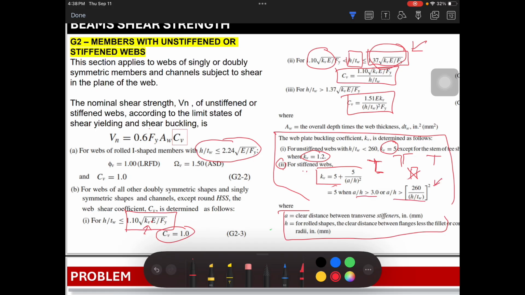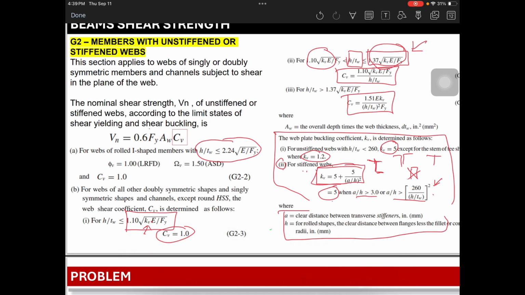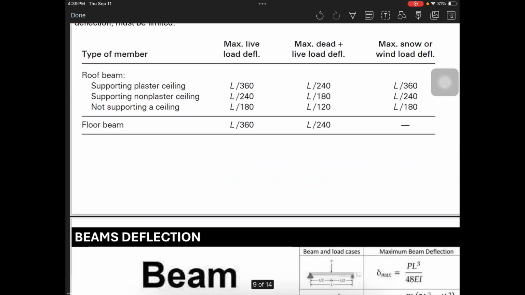Isa lang ang kailangan mong i-satisfy, so your Kv is equal to 5. So, pag hindi, pag less than ka dyan, dito ka na. Less than ka sa both, ibig sabihin. So, dito ka na.